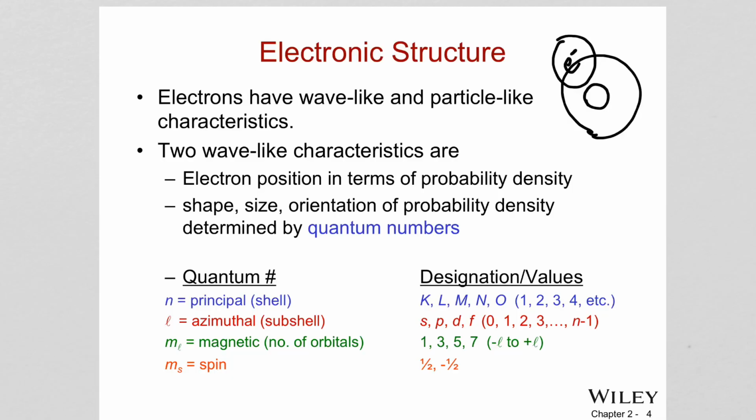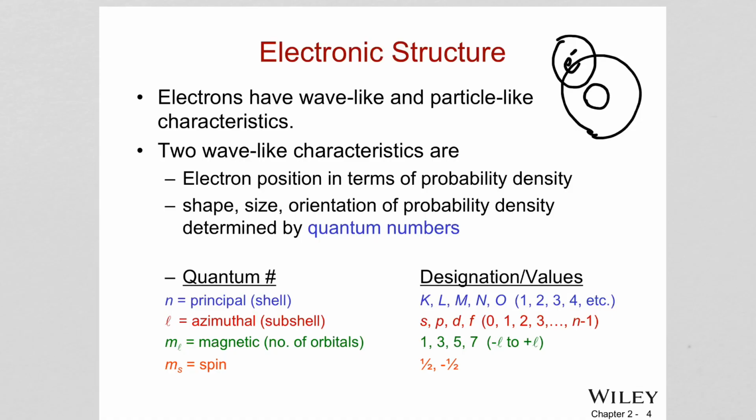So we understand that the exact position is described by a probability function, like an electron cloud. In wave mechanics, in quantum mechanics, every electron in an atom is described by 4 parameters called quantum numbers.